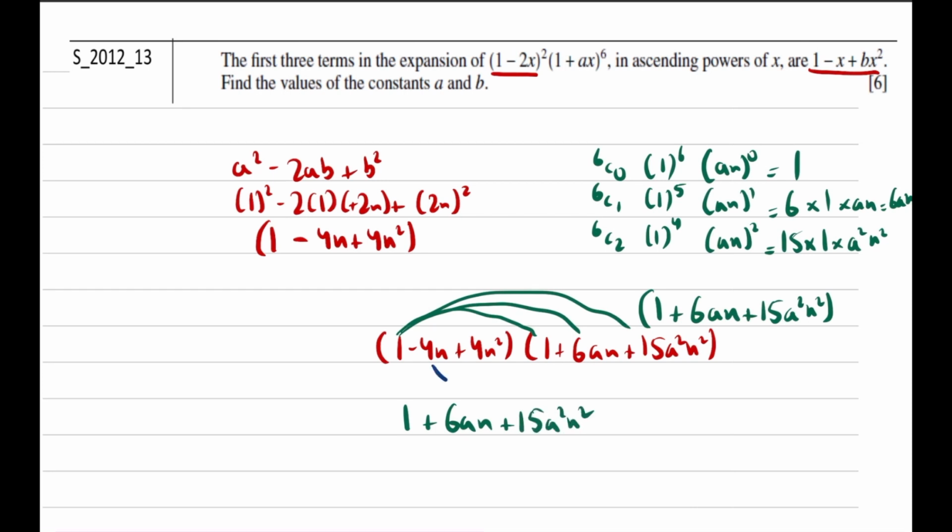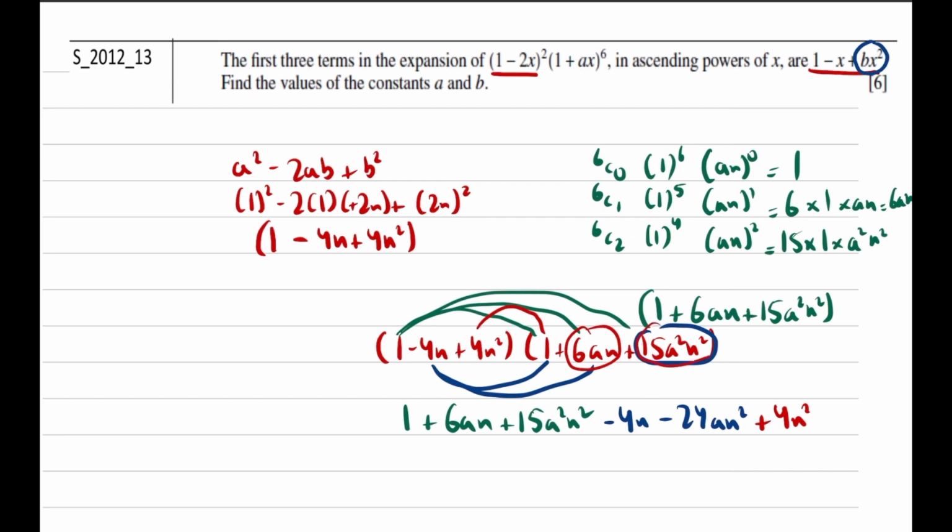Now 4x I can multiply with this and with this. I can't multiply with this because it's going to become x cube, but here it's max till x squared. So it's going to be minus 4x minus 24ax squared. Got this? Then 4x square will be multiplied only by 1. Why? Because if you multiply with this, it's going to become x cube or x power 4.